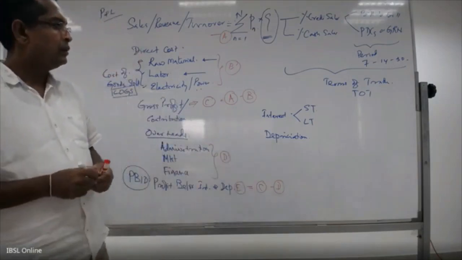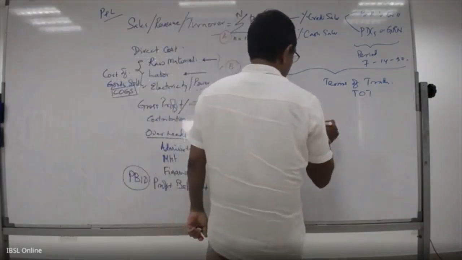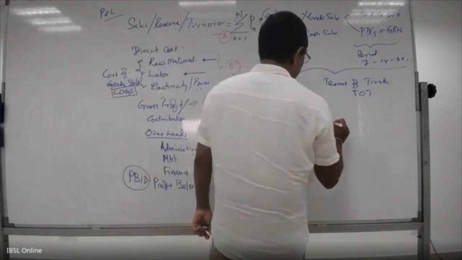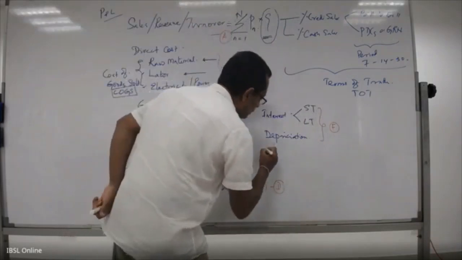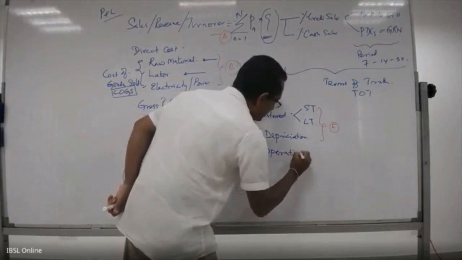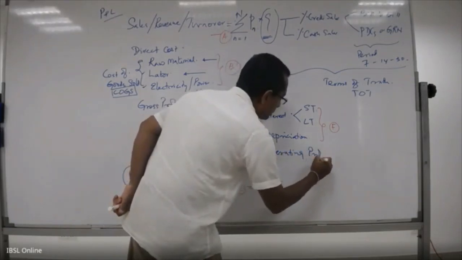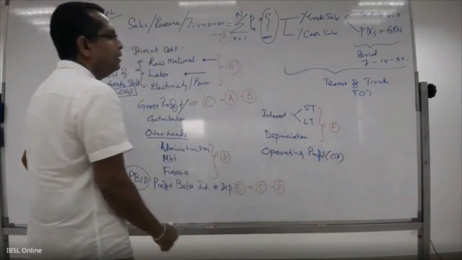Right? So after these two, which is F, you have operating profit, OP, right?